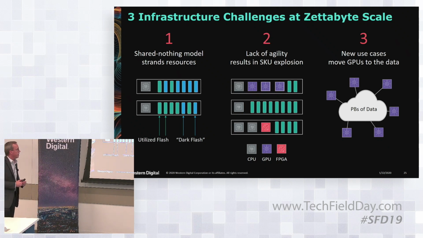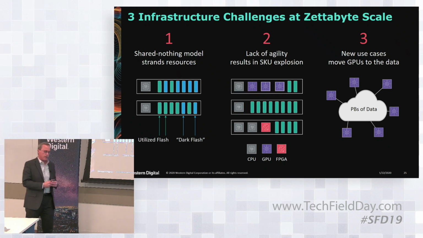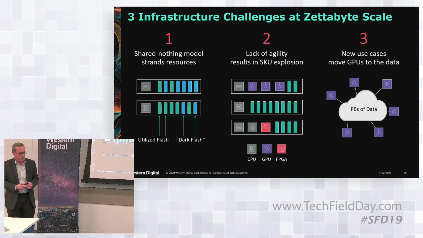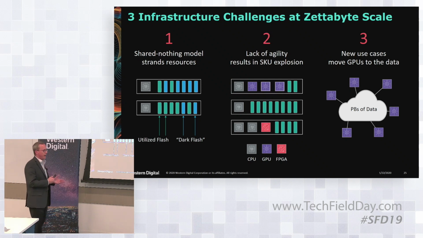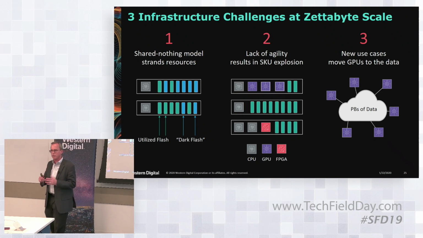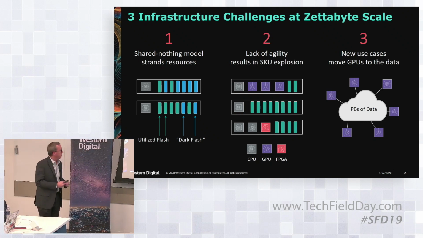The second is agility, and that has to do with the dynamics of the workflow at scale. And the third is, we've talked about traditional data centers, we've talked about edge, and so there's this whole notion of how do we get the benefits of data locality, with the data close to the different resources.